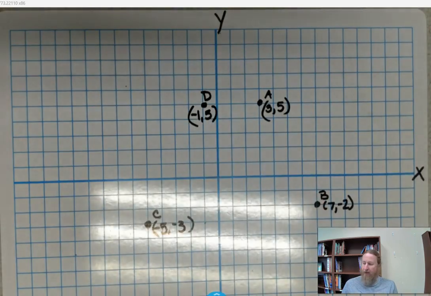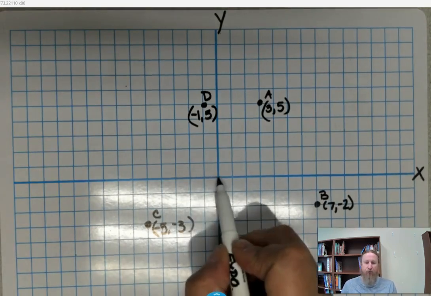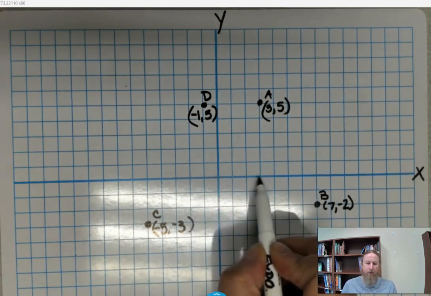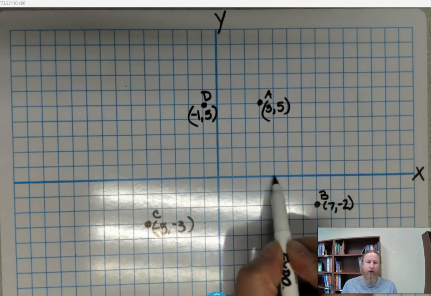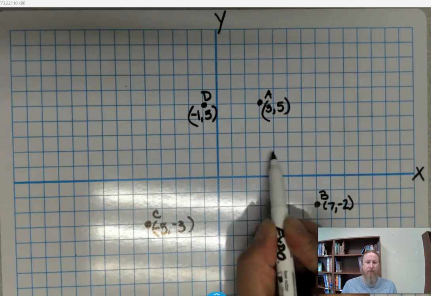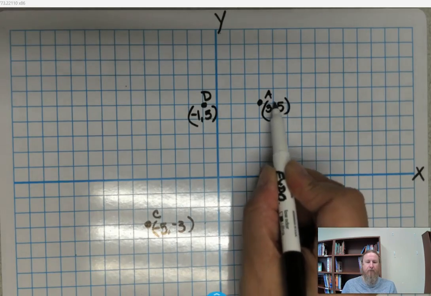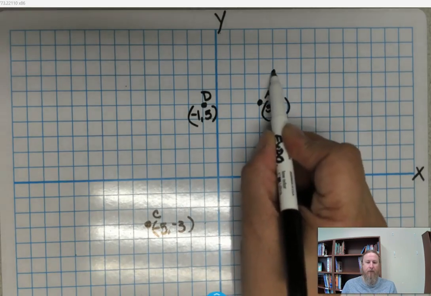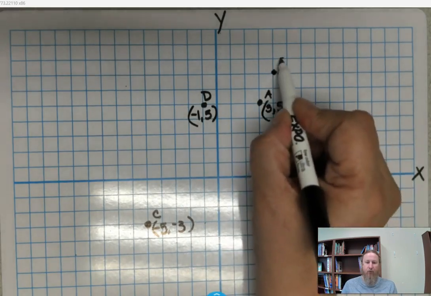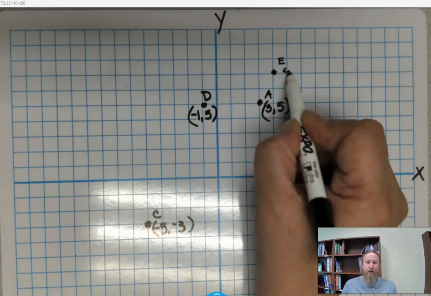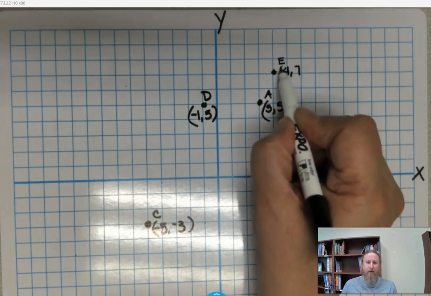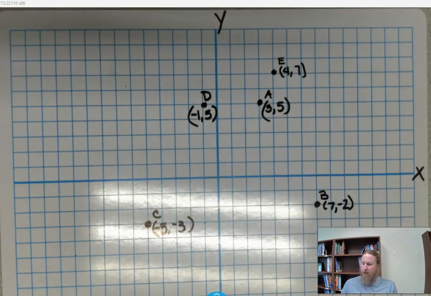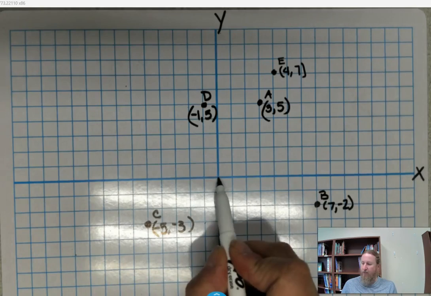For point E, the value is 4, 7. So we go to the right 4. And then we go up 7. And that gives us point E. Now for point F, it is negative 2, negative 3.